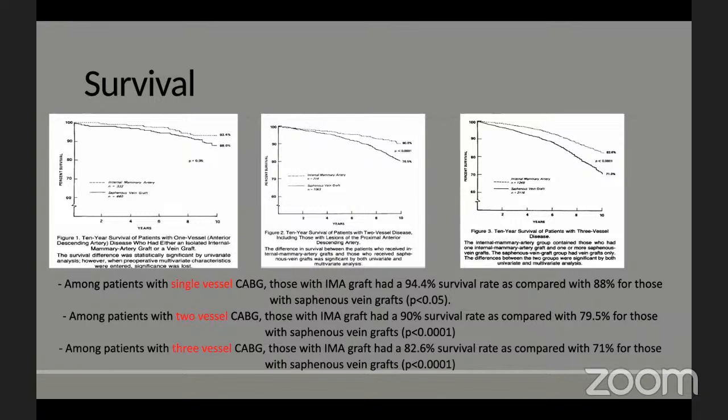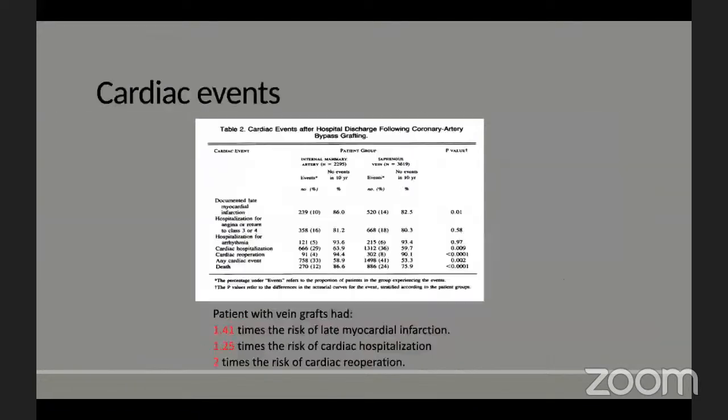Among patients with three vessel grafting, those with internal mammary graft had an 82.6% survival rate as compared with only 71% for those with saphenous vein graft.